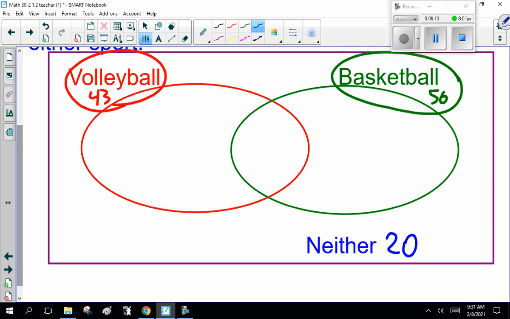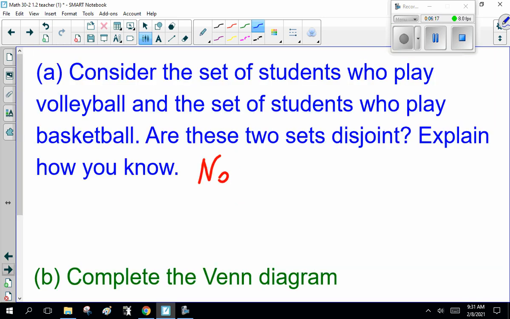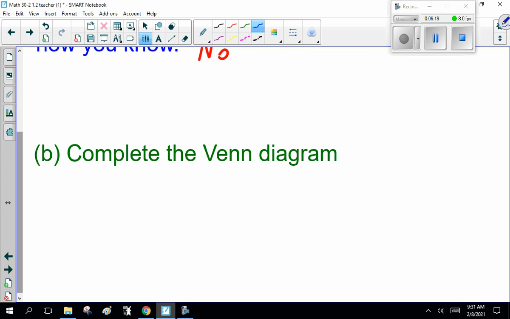So, to complete the Venn diagram, we have quite a bit of space here, so I'm going to go over here. Now, the fancy way to do this, let me show you the fancy way, then I'll show you the cheating shortcut.